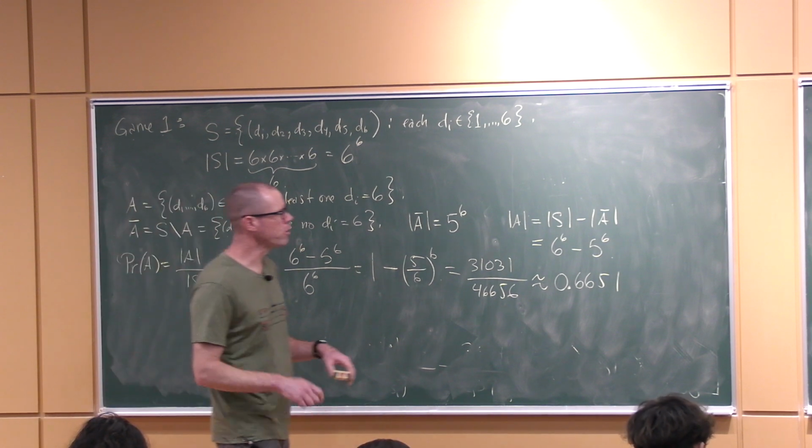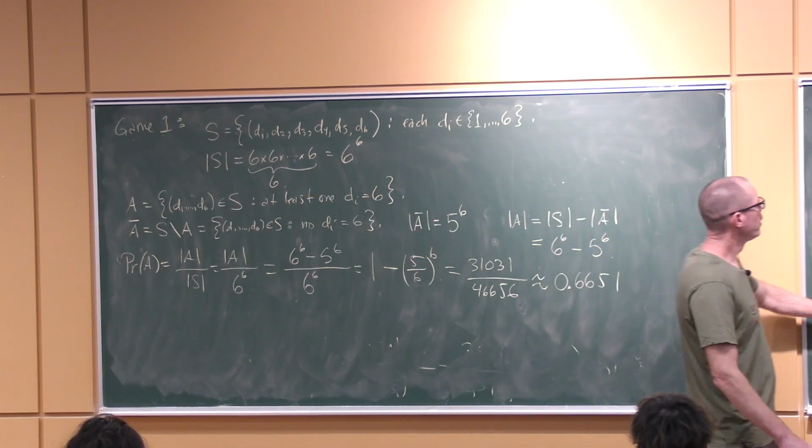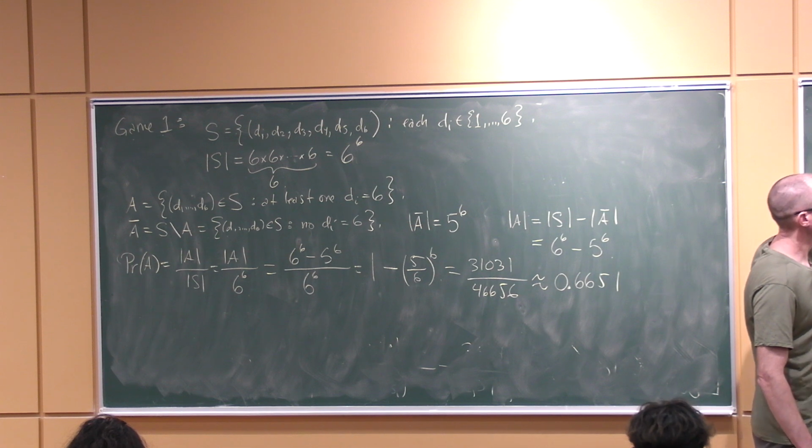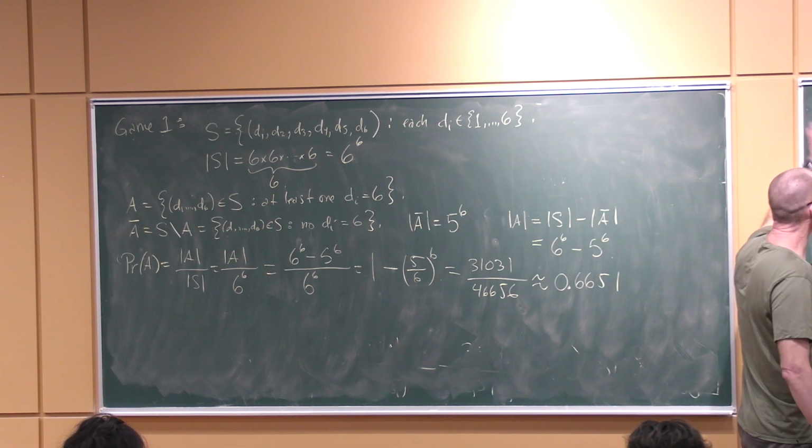Now let's tackle game 2. Game 2 is 12 dice, and you win if you get 2 6's.